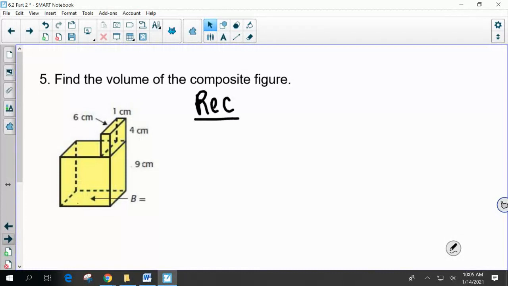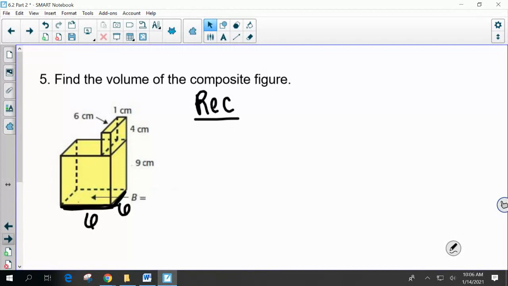If I work with the larger one, this is 6 right here, so therefore this would have to be 6 right here. This is not a very good scaled picture, but this would also have to be 6. So every side would be 6.